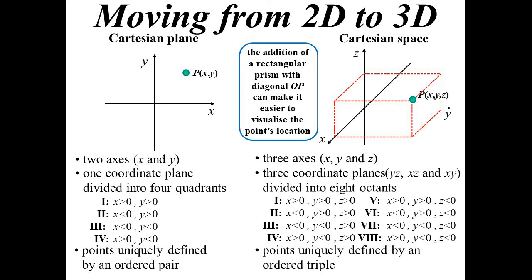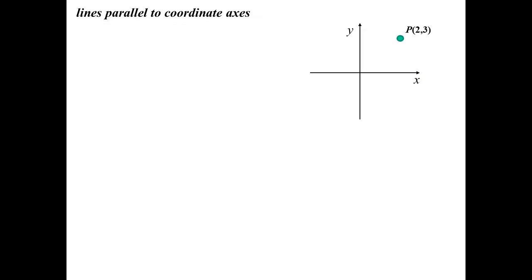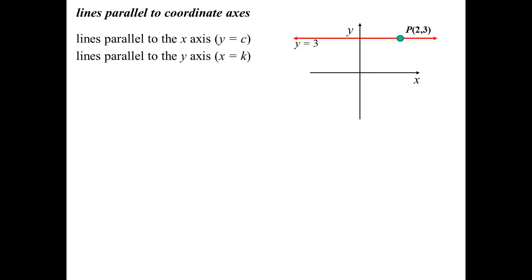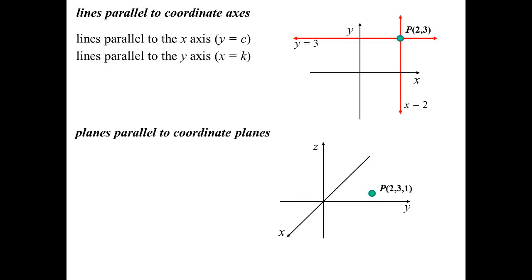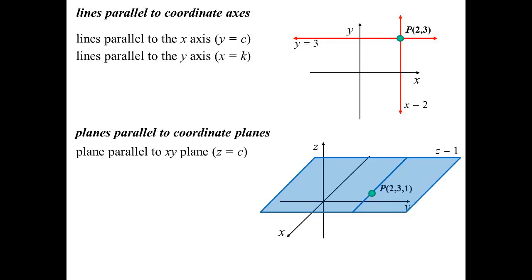All right, now in 2 dimensions, if we have a line parallel to a coordinate axis, if it's parallel to the x-axis, it would be y equals a constant number. Parallel to the y-axis, x equals a constant number. That's 2 dimensions. If we now have a point in 3 dimensions, there's a plane parallel to the coordinate planes that goes through this point. If I'm parallel to the xy plane, every point on that plane will have a z value of 1.